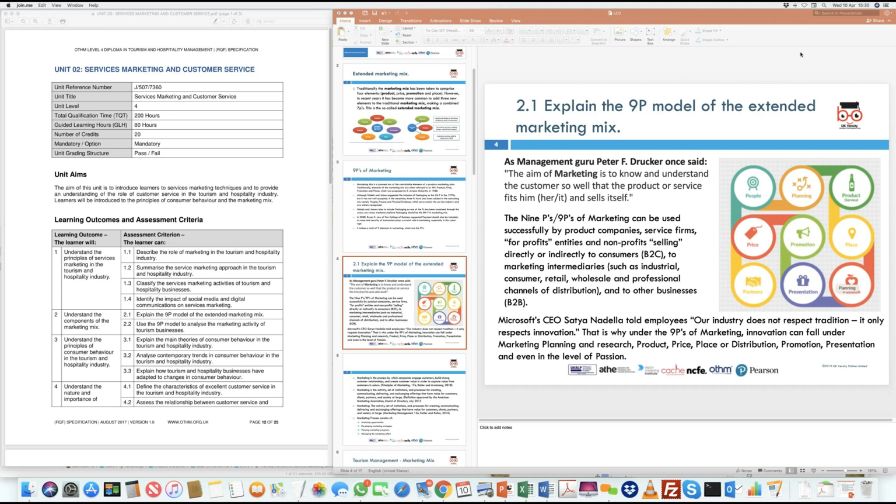And that is where some of the standard definitions of these Ps do change sometimes so that they are adaptable, or let me use the word contextualized, to the sector in which they operate. Not customized, but contextualized.